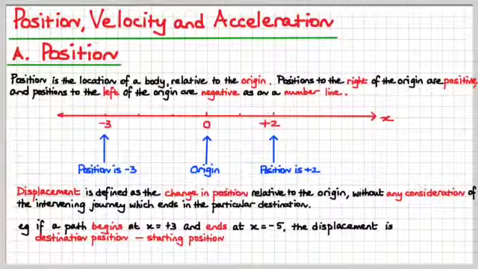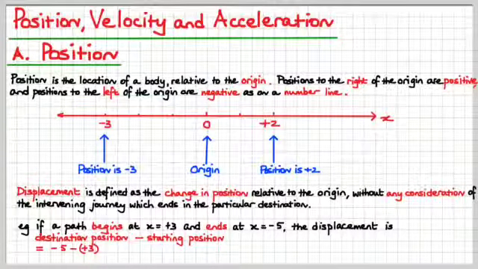So if a path begins at x equals 3 and ends at x equals negative 5, then the displacement is just the destination position minus the starting position. That's all it is, and you don't care about the journey in between. You don't care about any meandering, wobbling around, going all over the place. You don't care. It's just the destination position minus the starting position.